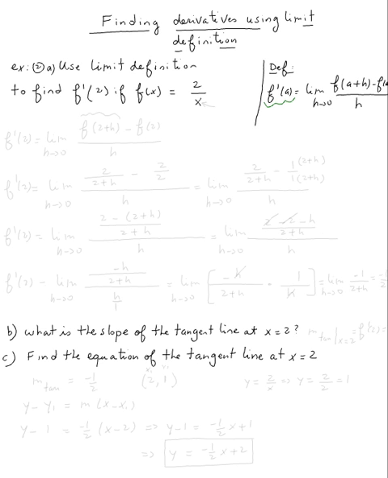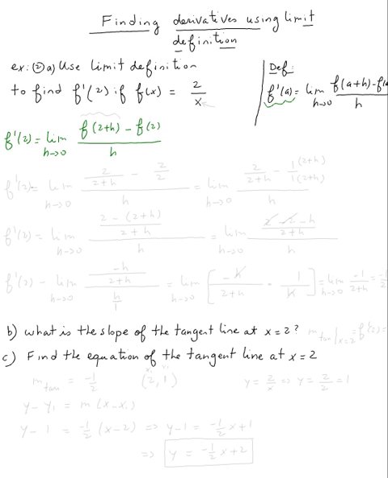So by definition, f prime of 2 is equal to the limit as h approaches 0 of f of 2 plus h minus f of 2 divided by h.